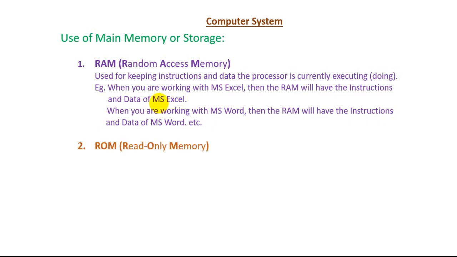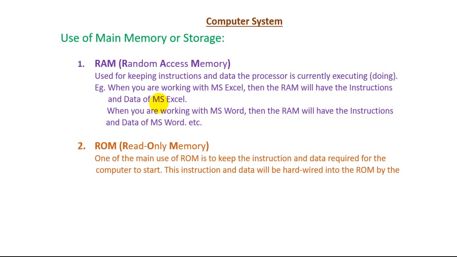Now we'll come to ROM. So how is ROM different, and why do we need this? One of the main uses of ROM is to keep the instructions and data required for the computer to start. These instructions and data will be hardwired into the ROM by the manufacturer at the time the ROM is manufactured.